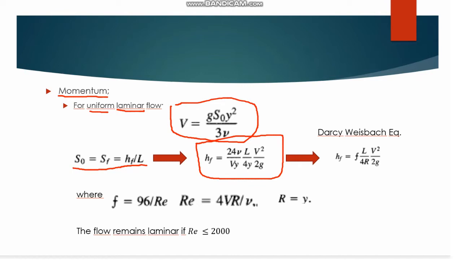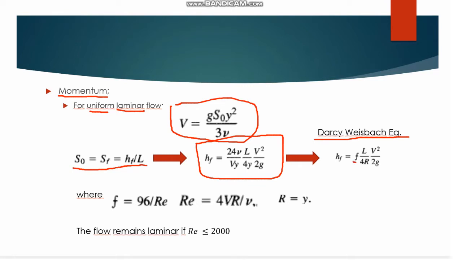Why do we consider this? Because there are dimensionless numbers like the Reynolds number that we can consider. So we can change it to the Darcy-Weisbach equation. That's why we divide it into this form.